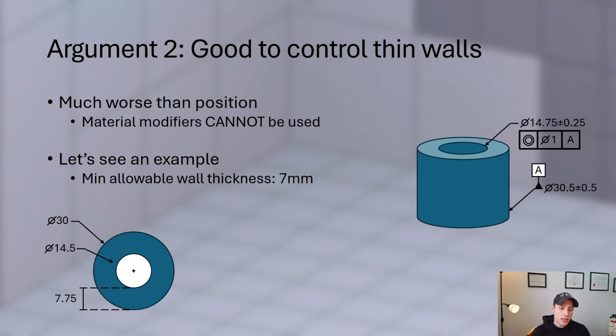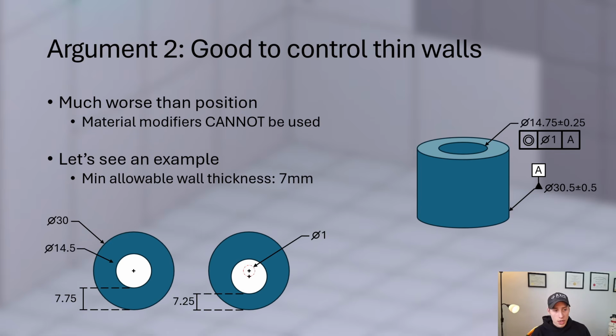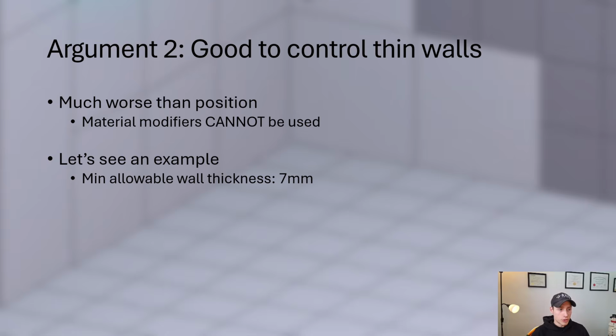And if it's perfectly centered, we have a wall thickness of 7.75mm. But if we use our entire concentricity tolerance zone, it comes down to only 7.25mm. Which means that we're not using that entire outer boundary that we should be allowed to.